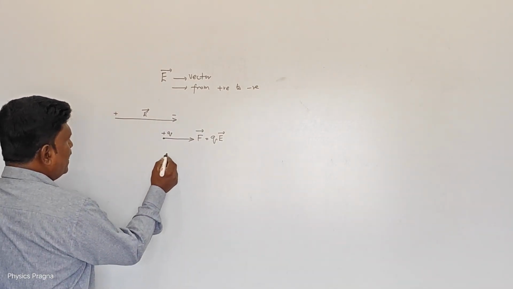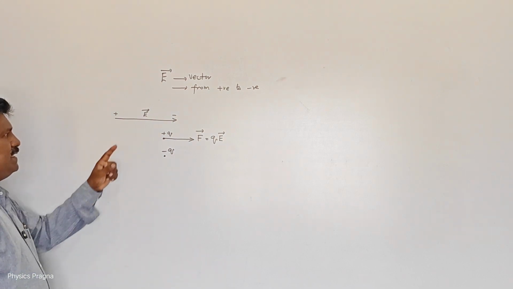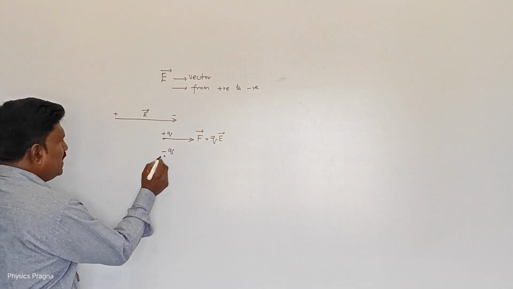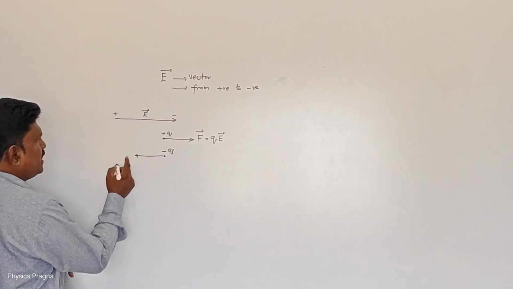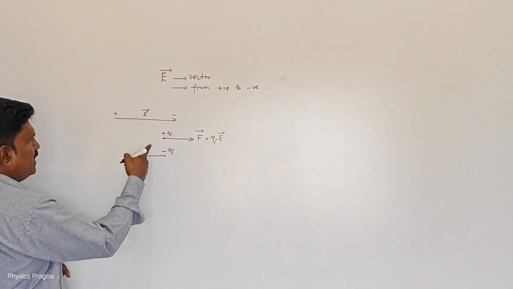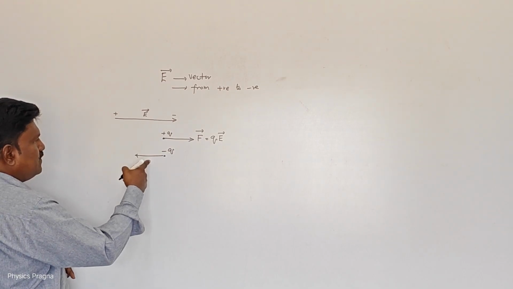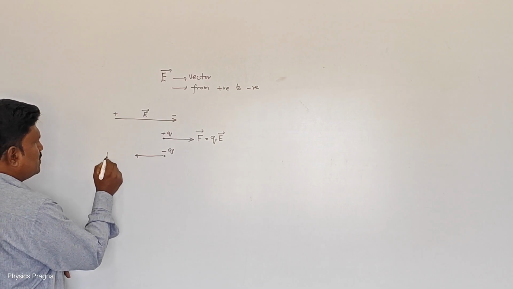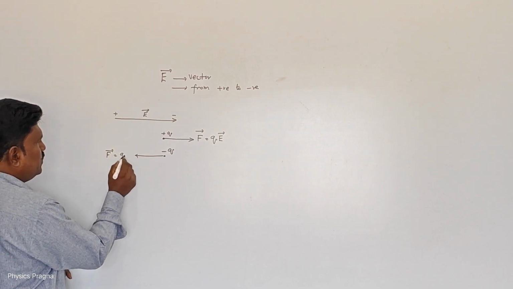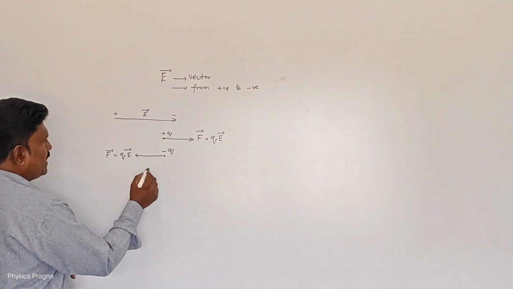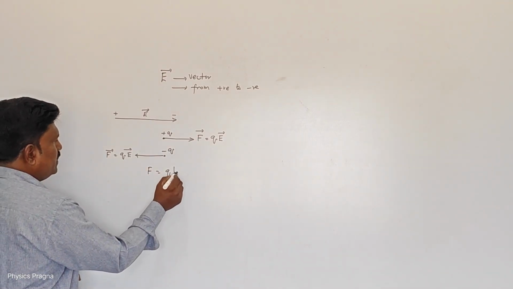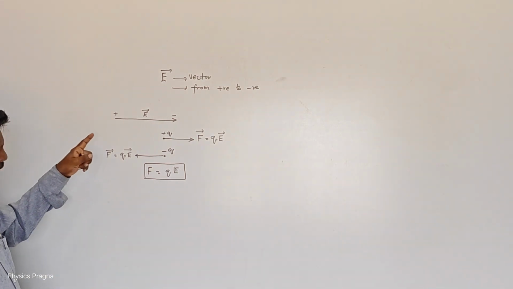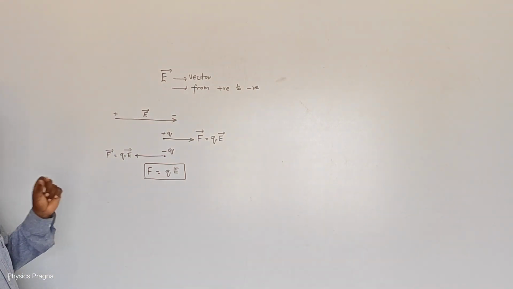If there is a negative charge placed in this electric field, the electric field applies force in the opposite direction of the electric field. So here also the force formula is Q into E. So the magnitude of force is equal to Q into E. This is the force the electric field exerts on a static charge.